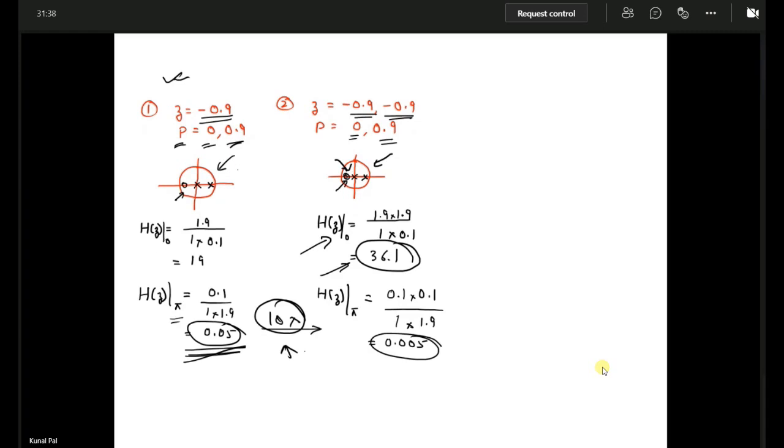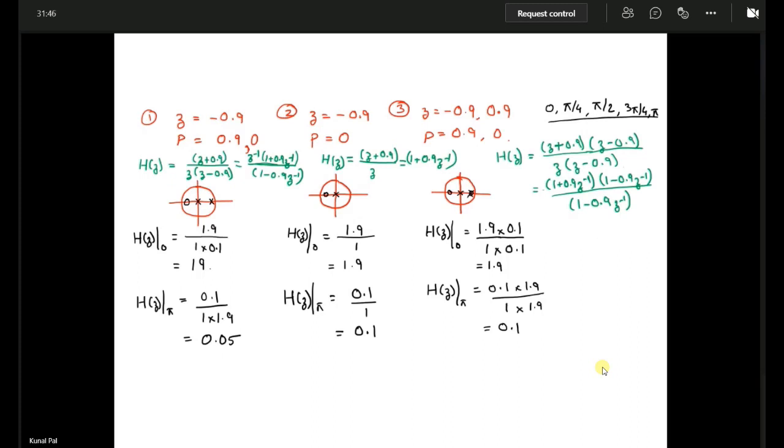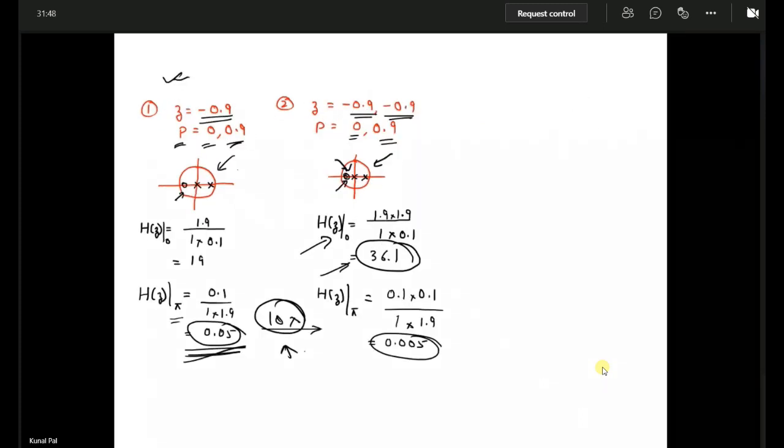So from here, we have discussed, if you see, 3 to 5, 7 number of cases. So what are the takeaways from here? The first takeaway is that when we are placing zeros and poles over each other, they are cancelling their effect.